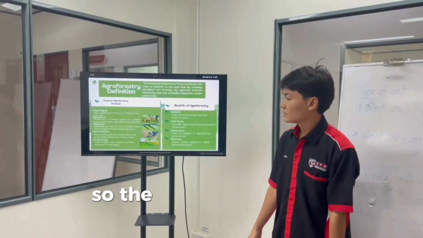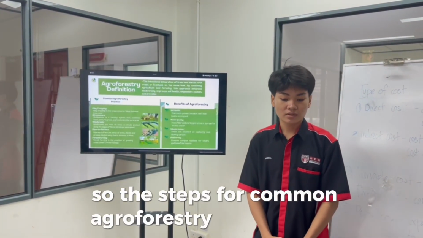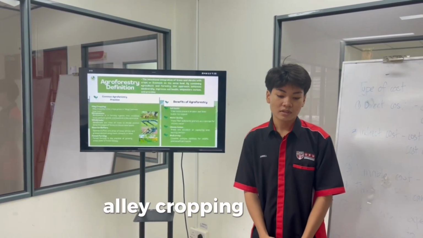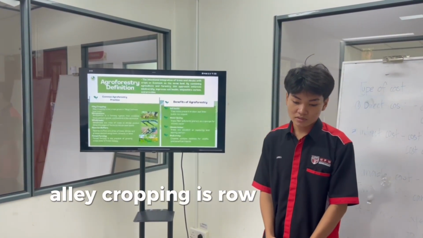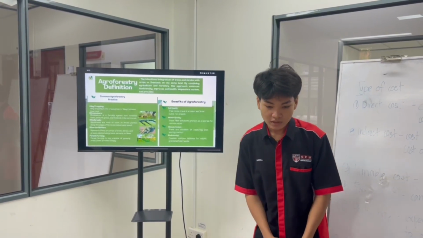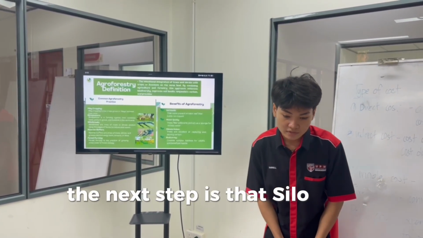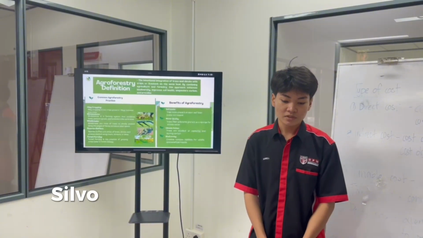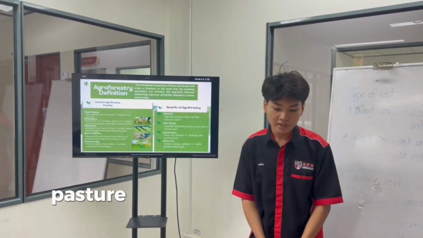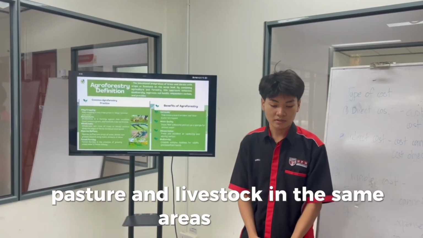The common agroforestry practices are alley cropping, which is crops grown in alleys between trees. The next is silvopasture, a farming system that combines trees, pasture, and livestock in the same area.